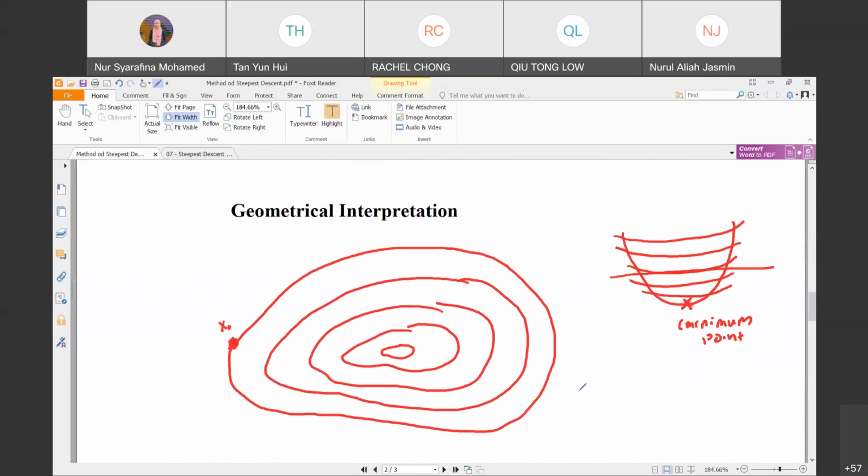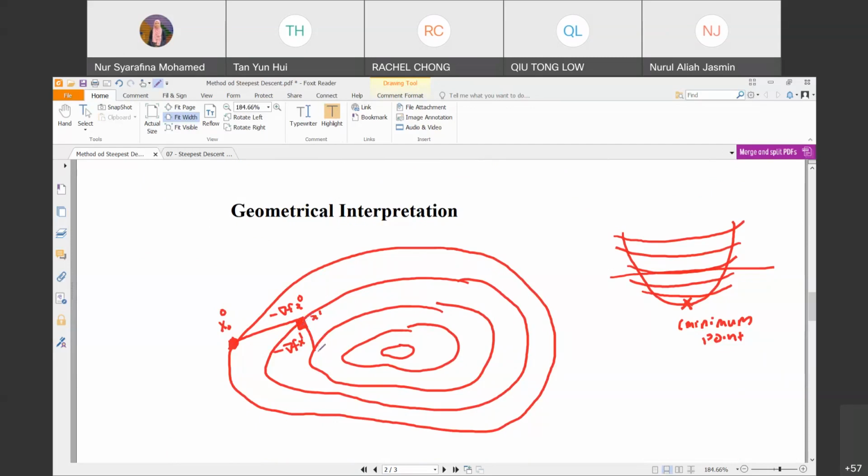This is your x naught, and it moves in the negative direction of del f(x naught) to x1, and this is the negative direction of del f(x1). As you can see, these are orthogonal to each other.